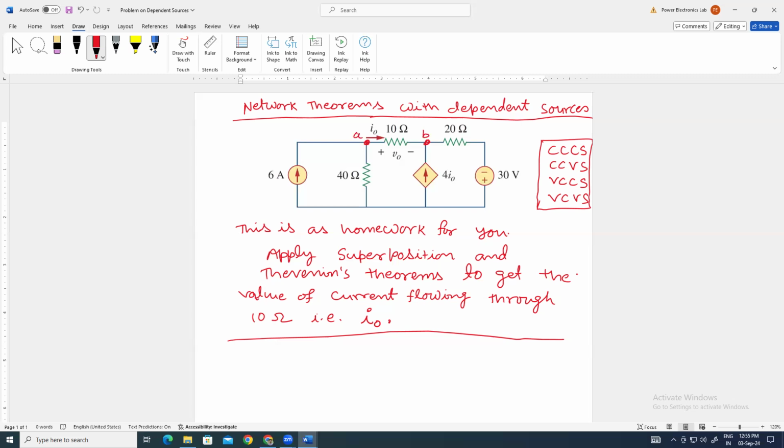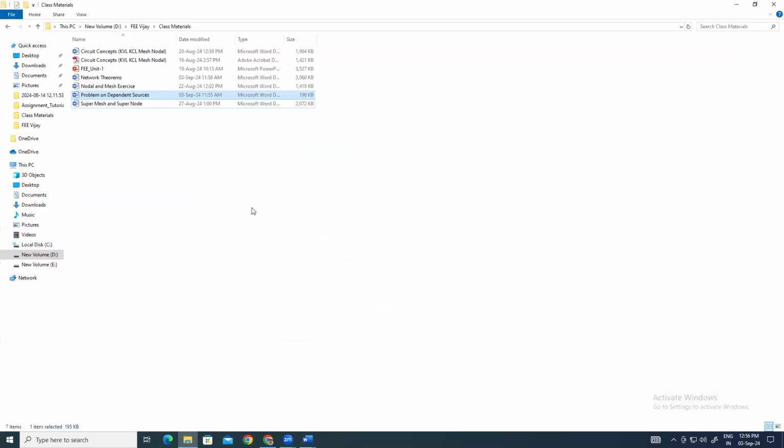So you have to try this problem in your home and we will discuss in the next class. Okay, this dependent source problem. I will send you the next tutorial, tutorial 3, by today only, and you can practice the tutorial problem.